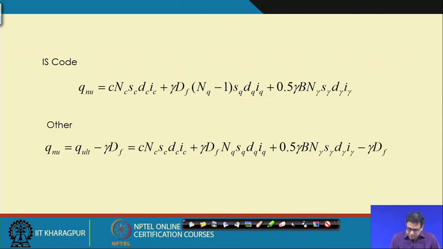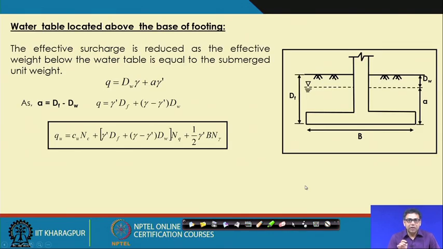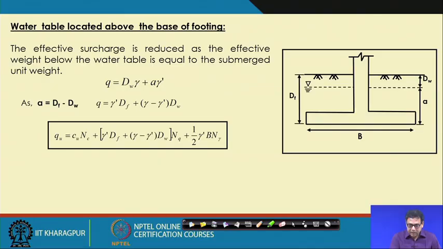Then the next one is that if you are incorporating the water table effect, then the procedure I have discussed is that the effect of the water table enters the second term and the third term. If the water table is above the base of the foundation, then your surcharge term, the second term, will also be affected, and in the third term you have to consider gamma sub.